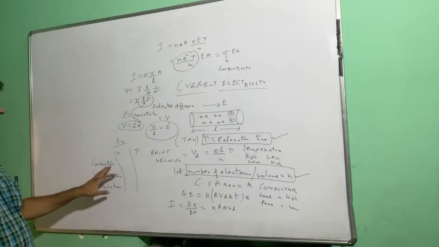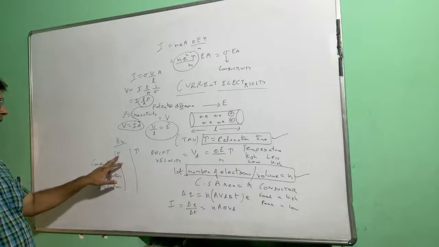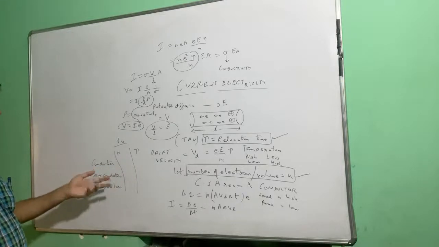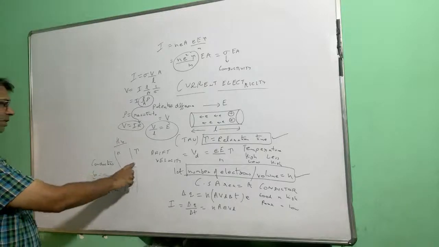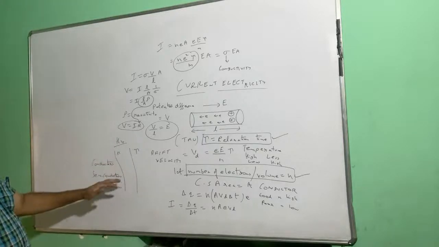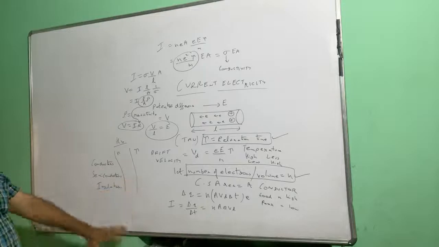Like for example, conductor you can say that n is highest, suppose, then insulator lowest, something like that. And similarly relaxation time, so highest and lowest. So you have to complete this chart.